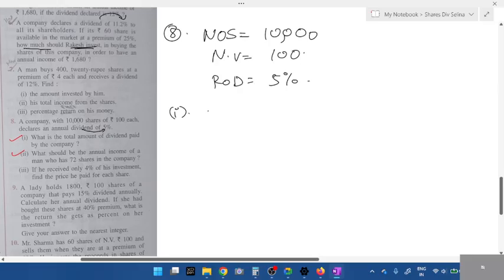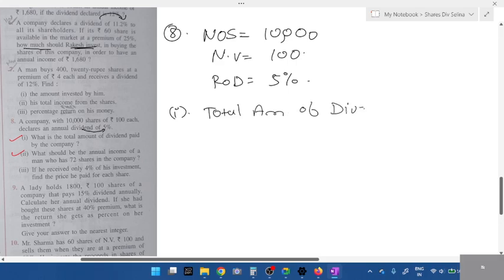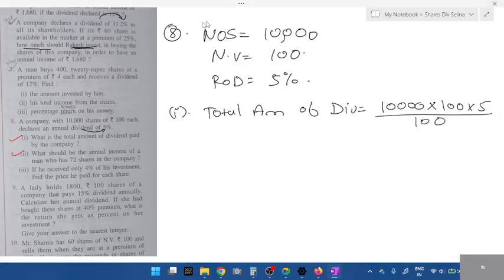Annual income is also known as dividend, right? Total amount of dividend. So write it above. What's the formula? Number of shares into nominal value into rate. Okay, one more thing. Some students might have a doubt: 100 shares of rupees 100 each.